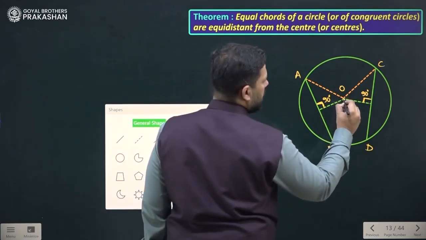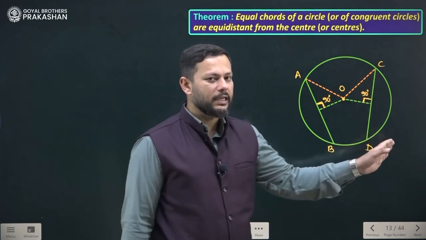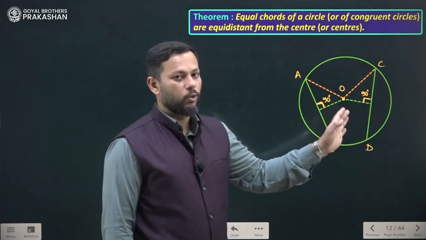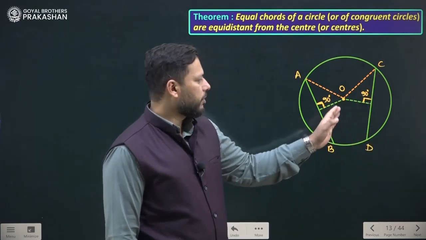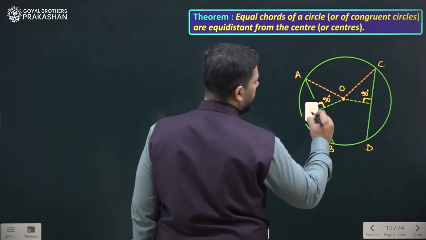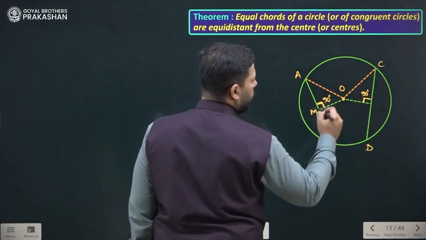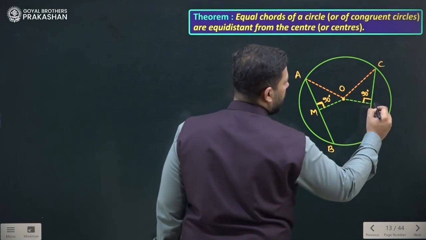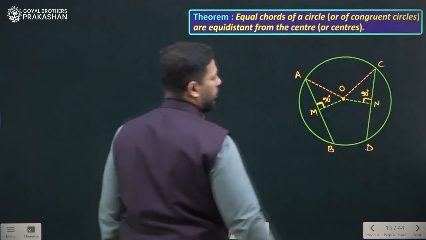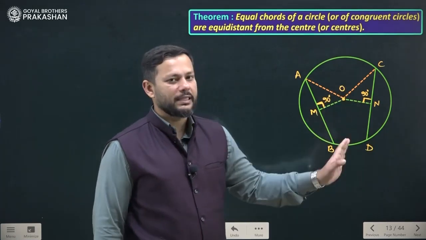So this is our center O. We have chords AB and CD of the circle to be equal to each other. We have dropped perpendiculars. This is the perpendicular OM on AB and this is the perpendicular ON on CD, and we have joined O with A and O with C.